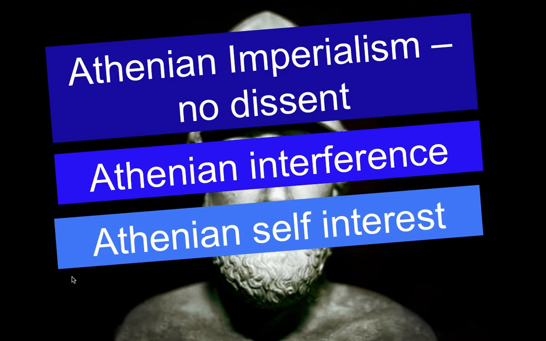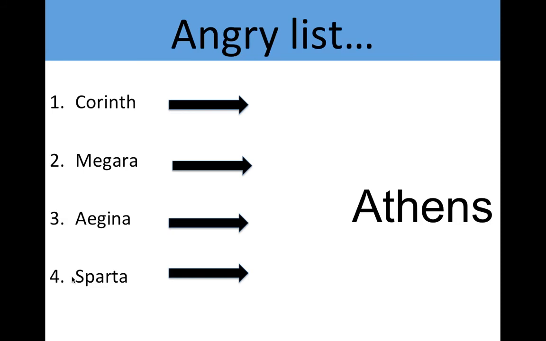It's no surprise that if you look at the list of states that have been angered through Athenian aggression, it's all of the states that start criticising and attacking Athens at the debate at Sparta: Corinth, Megara, and Sparta, and Aegina being mentioned by the Corinthians. A war is bubbling up really quick.